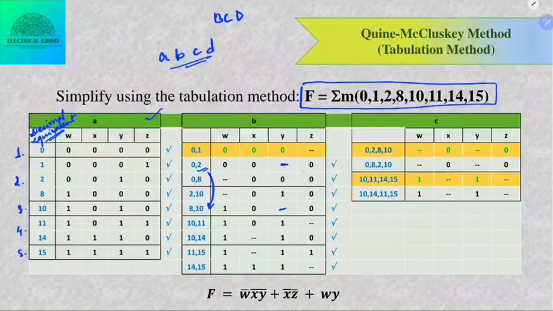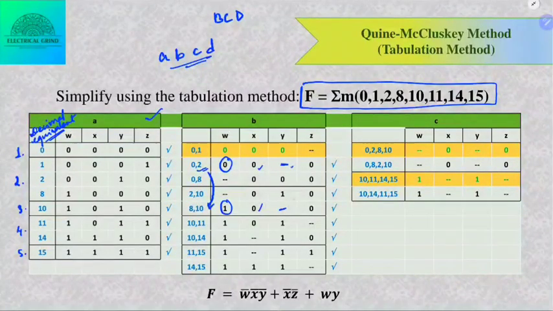Now we will see if more than one variable is differing, and if so, we will not consider it. For the first variable, the w position, for 0, 2 and 8, 10, it is differing by 1 bit, so yes, it is okay. The second position is the same, fine.